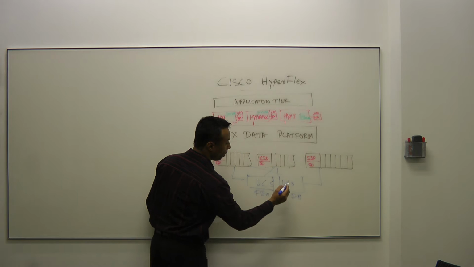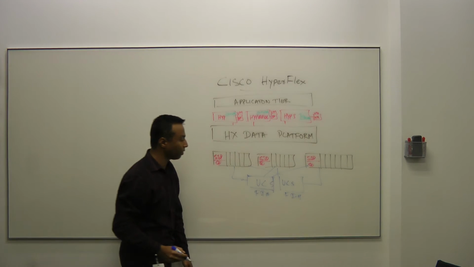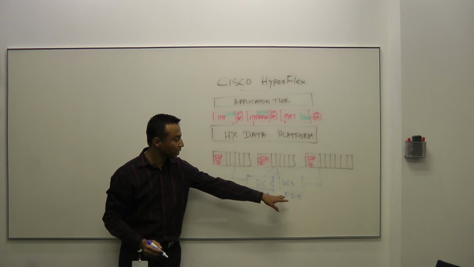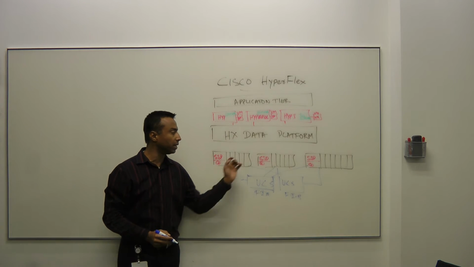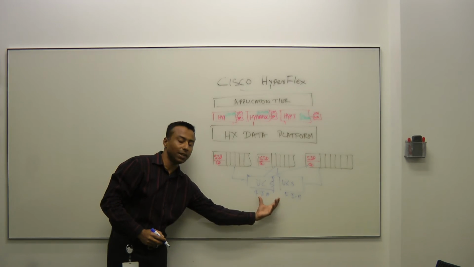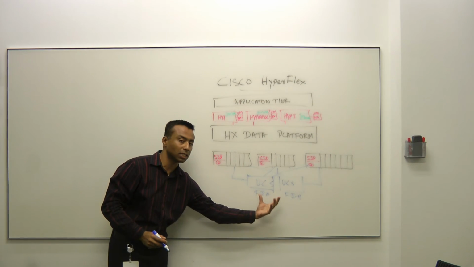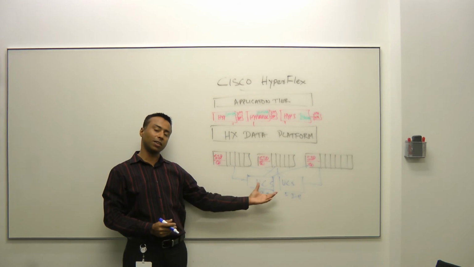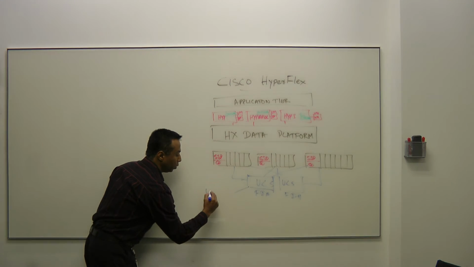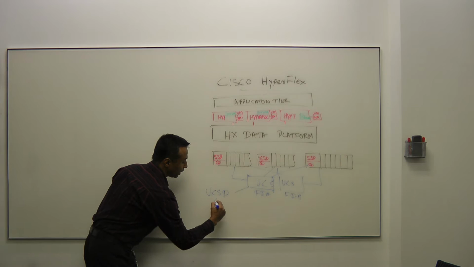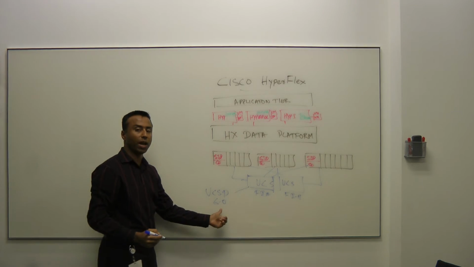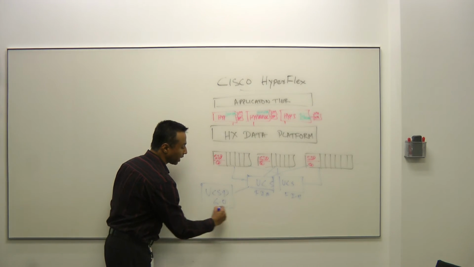So I'm going to draw all these lines. I know it's a lot of different lines, but what I'm able to do is the UCS fabric interconnects provide network connectivity. And by the way, the configuration of this, that's a big question, right? How do you configure this? With UCS Director 6.0, which was released 2 days ago, we have a one-click install.